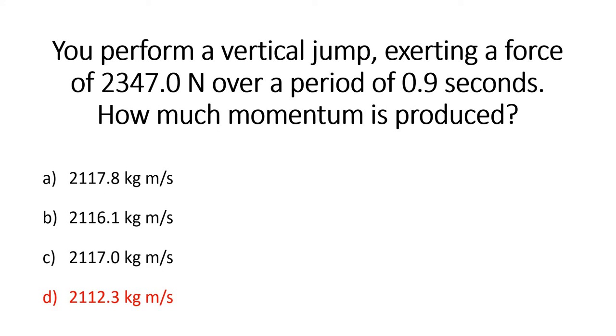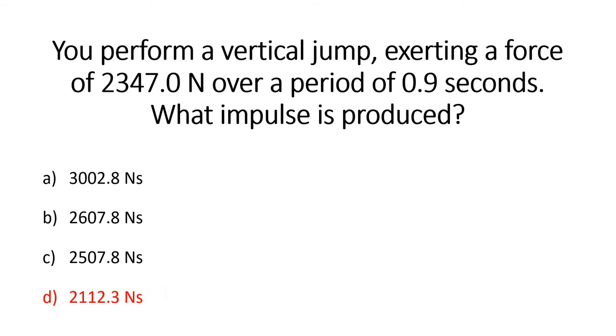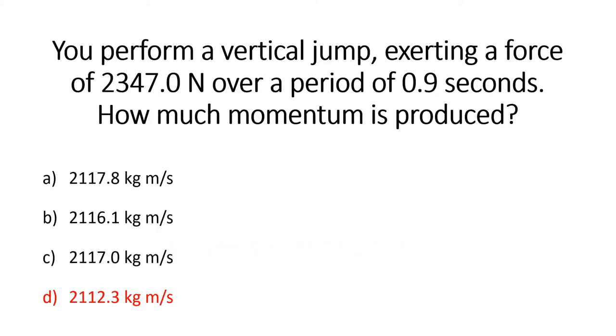The answer is D, 2,112.3 kilogram meters per second. So as you can see, that is the same as your answer for impulse. So impulse was 2,112.3 Newton seconds. Momentum was 2,112.3 kilogram meters per second, because impulse is equal to a change in momentum.